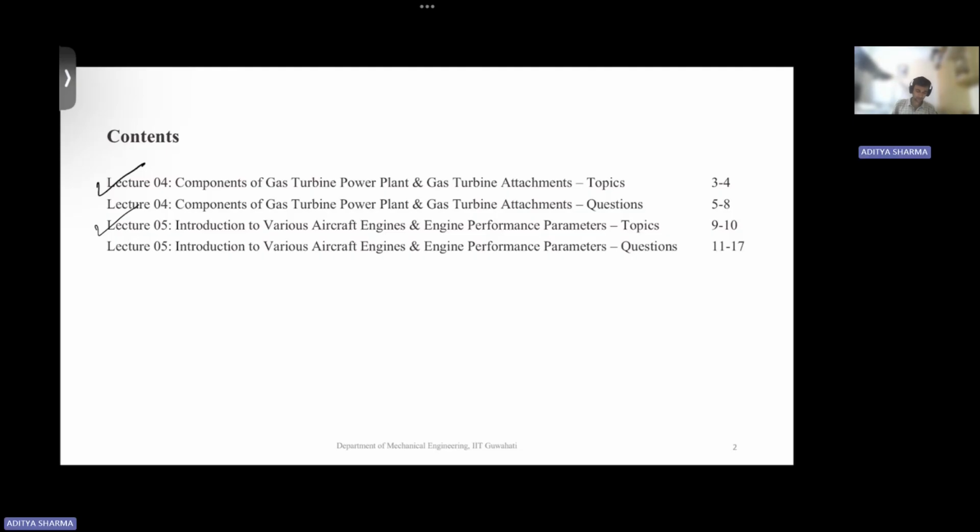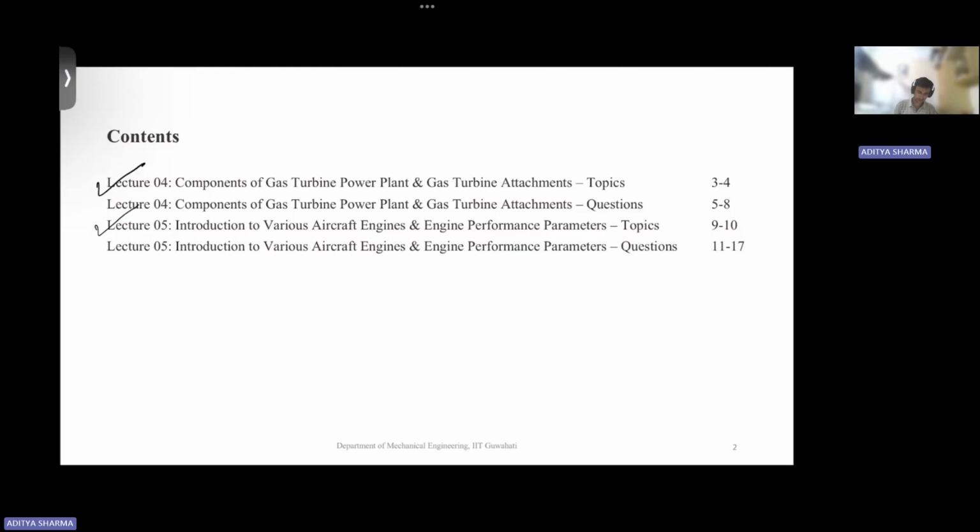And then next is introduction to various aircraft engines and engine performance parameters. Firstly, the performance parameters of a gas turbine engine have been discussed, and after that, various types of aircraft engines have been discussed.